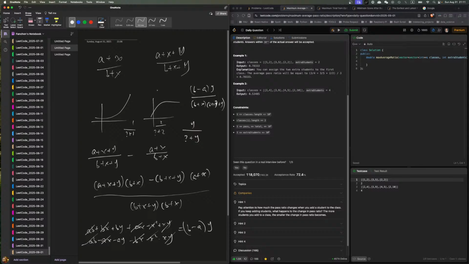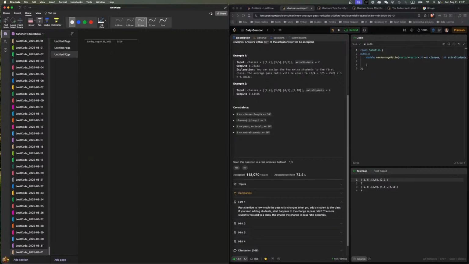Right, does the amount of increase get smaller?